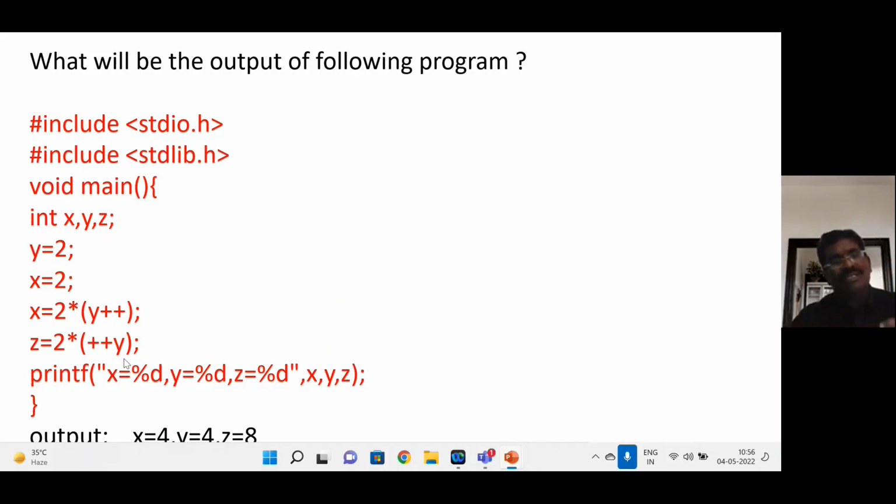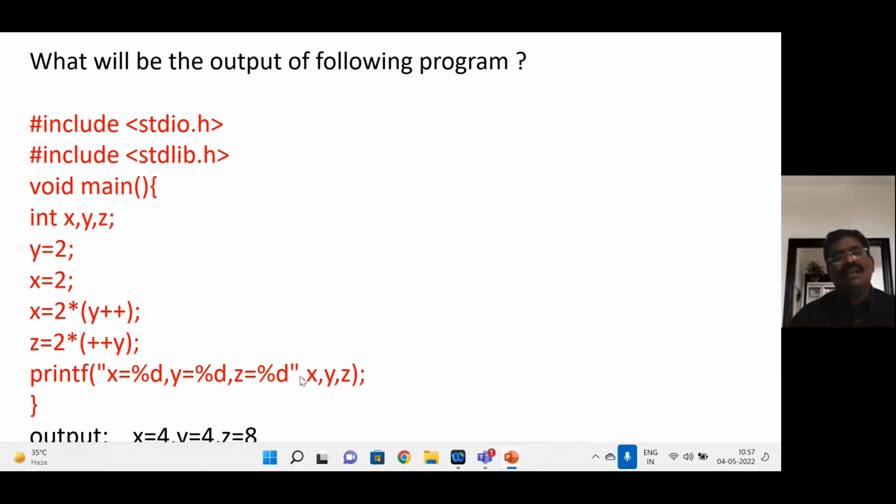But when you are using the braces, first the multiplication will be performed in that case, and next it will take the value of this. With the braces, these values are ignored. That's why you are getting 4, 4, and 8.